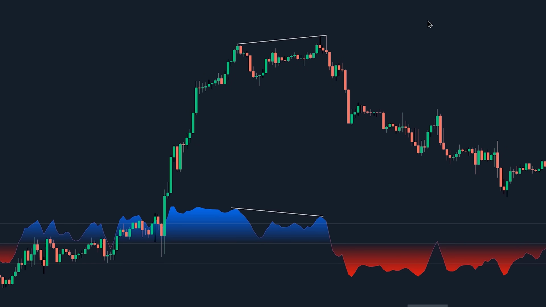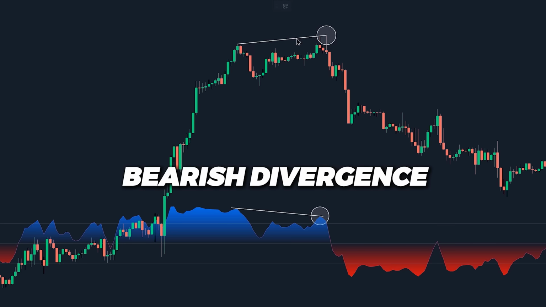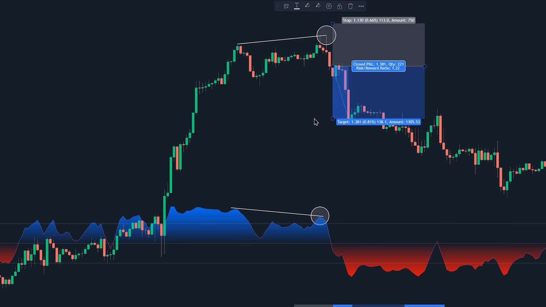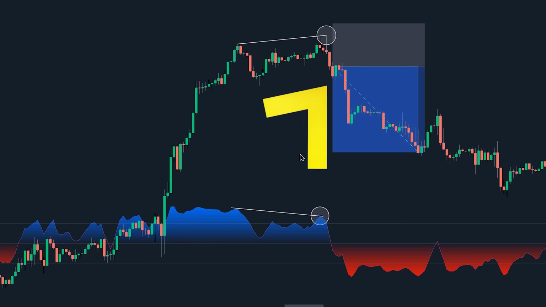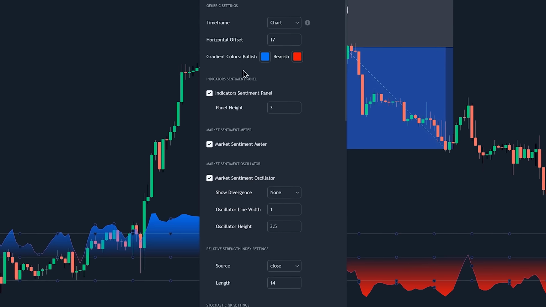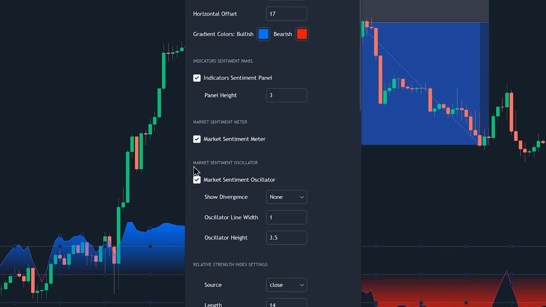Conversely, when the price makes a higher high and the oscillator makes a lower high, this is a bearish divergence, indicating that the upside momentum is weakening and the downside momentum is gaining strength, suggesting a possible downward reversal. Now, if you go into the settings of this indicator, under the market sentiment oscillator section, you have an option for showing divergences.